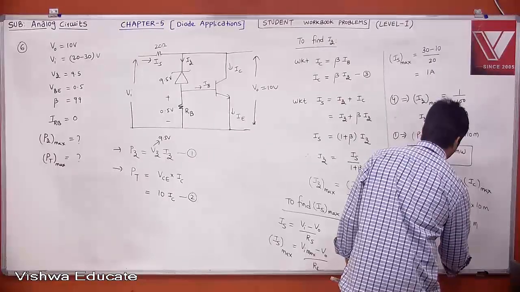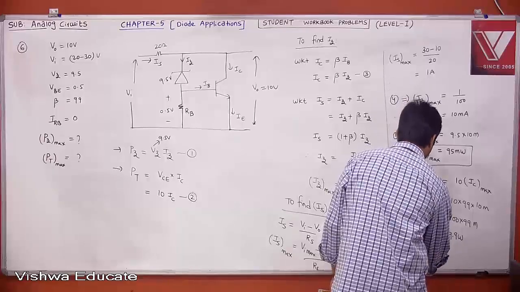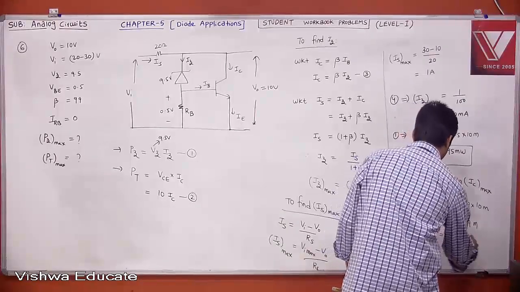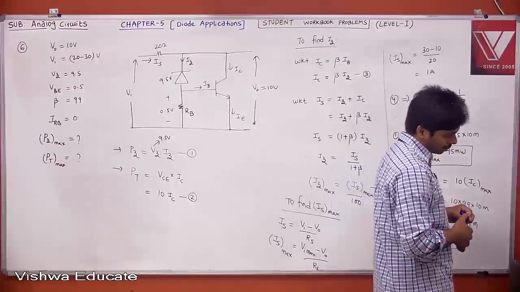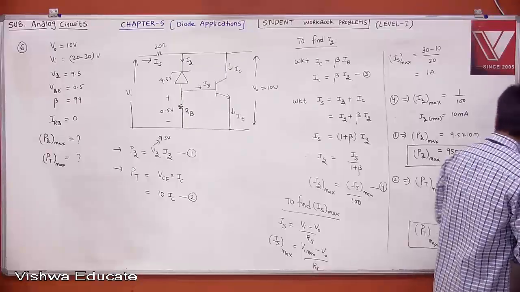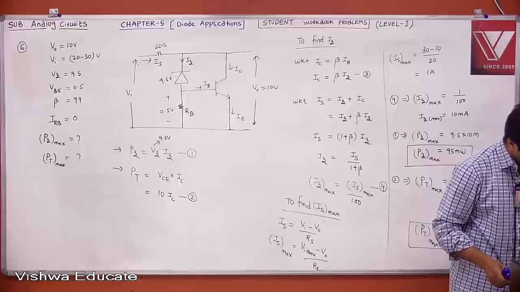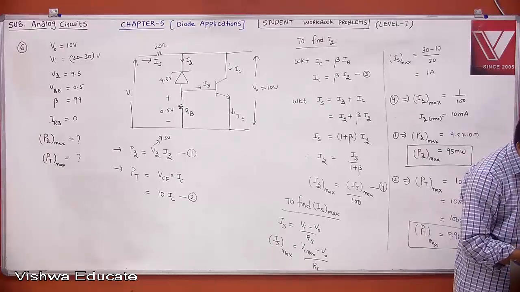Which is 9.9 watt, PT max, or 9900 milliwatt. Therefore, what is the answer? 95 milliwatt and 9.9 watt. Therefore, the answer is C.